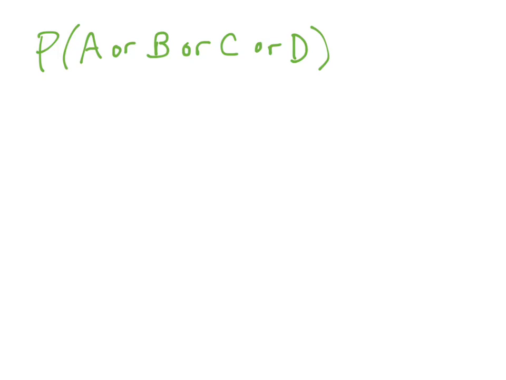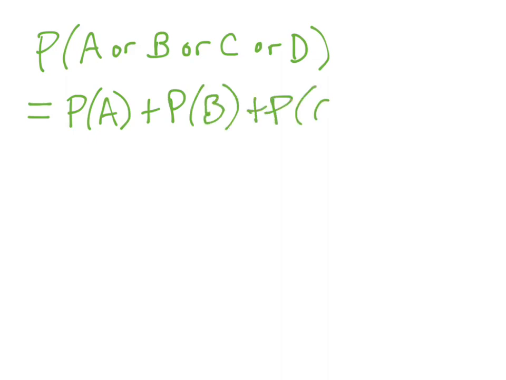Now you can extend this as much as you want. So what if we want the probability of 4 overlapping events? This is not as easy to draw with a Venn diagram, but I can still use that same process, right? So I would add together the probabilities of the 4 events, and then I would start subtracting the things that were overcounted.